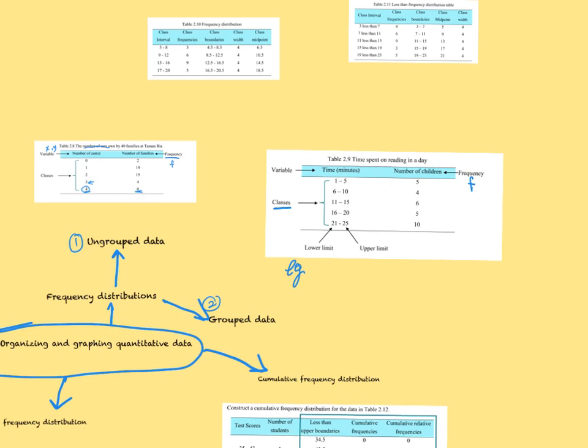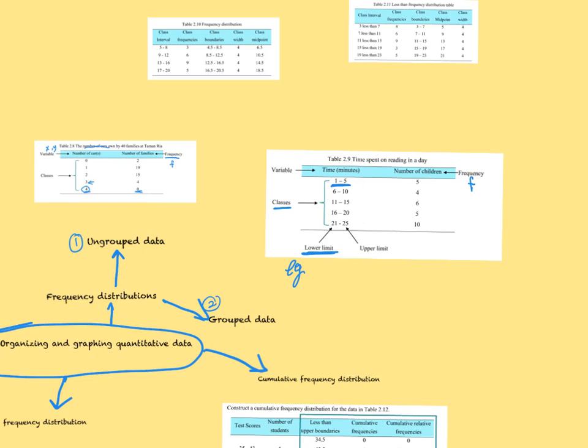For grouped data, the classes are in terms of intervals. The first class is 1 to 5. 5 is the upper limit, 1 is the lower limit. For the second class, the lower limit is 6 and the upper limit is 10.